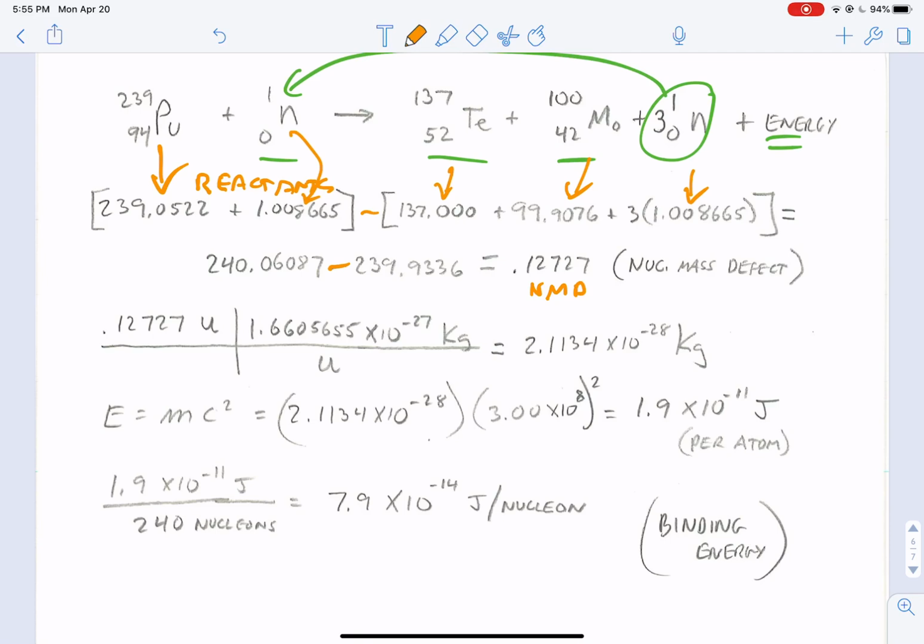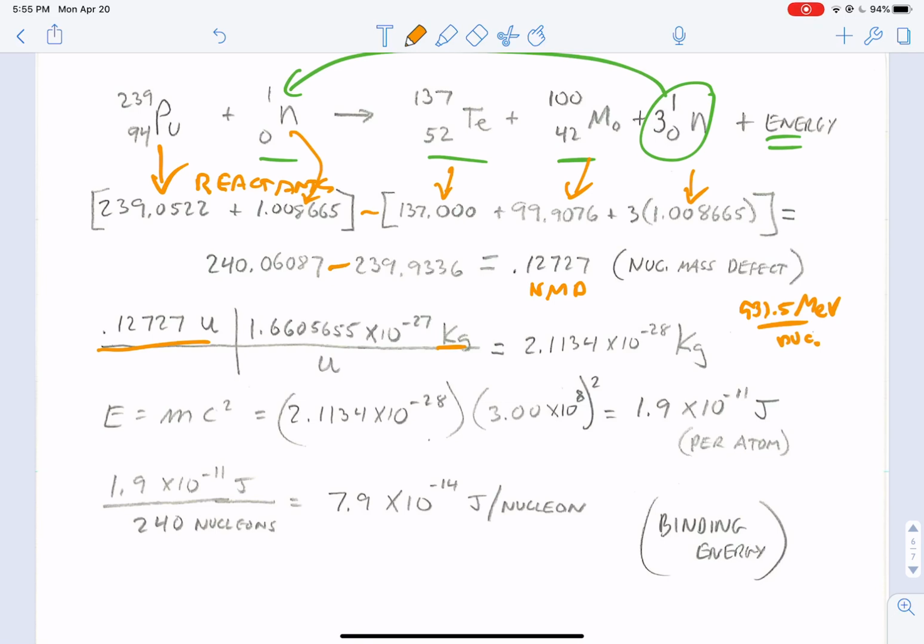And you could either convert it straight into mega electron volts by multiplying by 931.5 MeV per nucleon, or you can take your nuclear mass defect, convert it into kilograms.